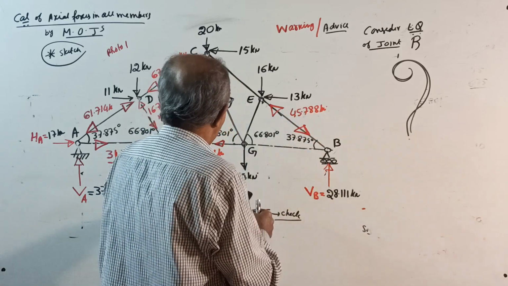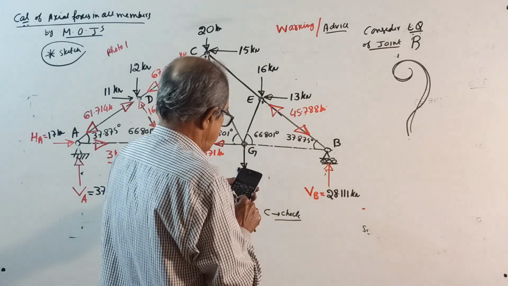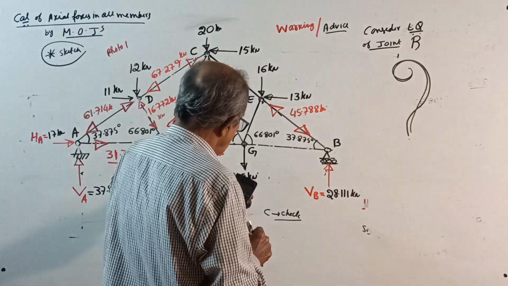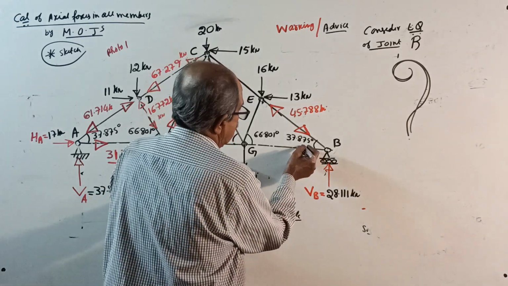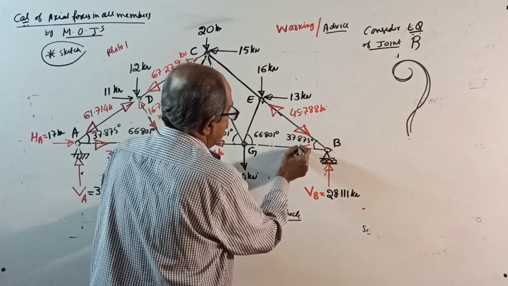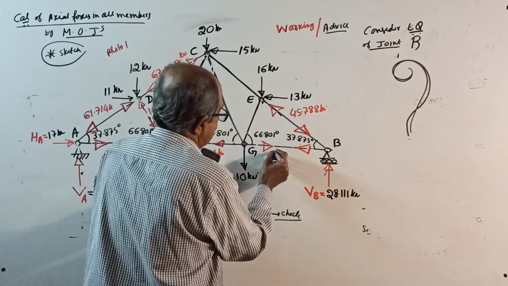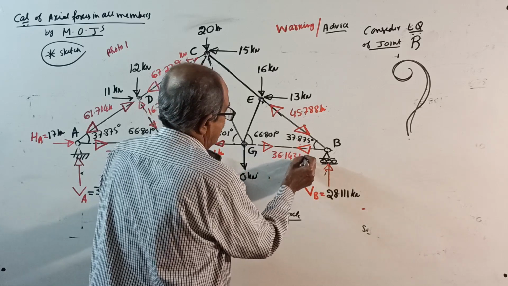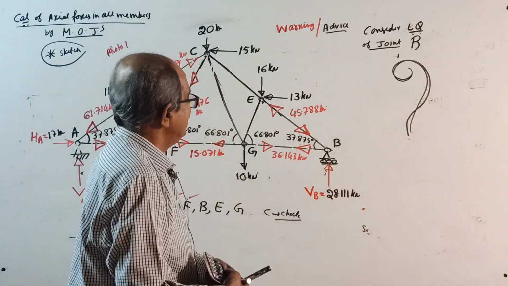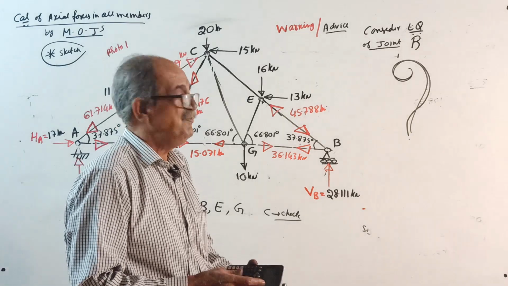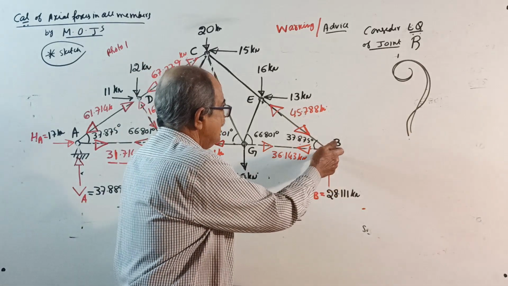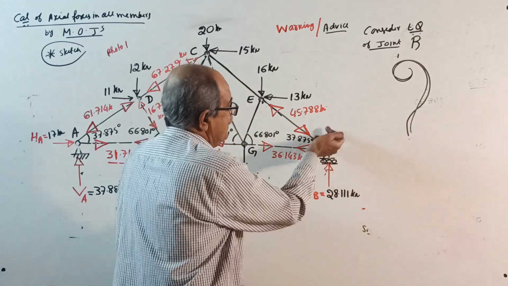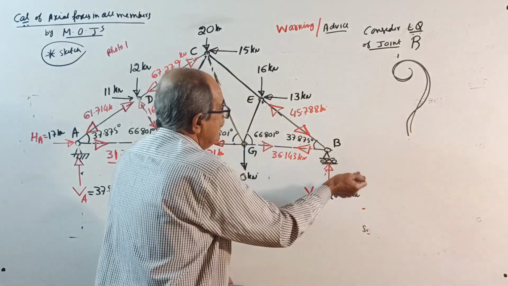Then into cos of 37.875 gives 36.143 kilonewton. Now I will tell you an interesting thing. I will check once again, if you want. This is vertical, this is horizontal. This is going this way, this is going this way. The resultant will come this way, that should balance.